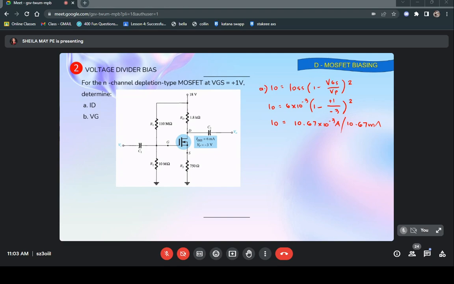Test 1 is multiple choice. And for test 2, there will be a little comparison. For example, the difference between D MOSFET and E MOSFET, between JFET and MOSFET, whatever differences.